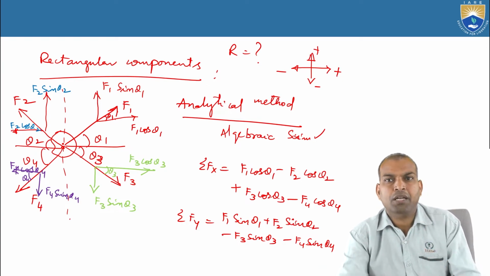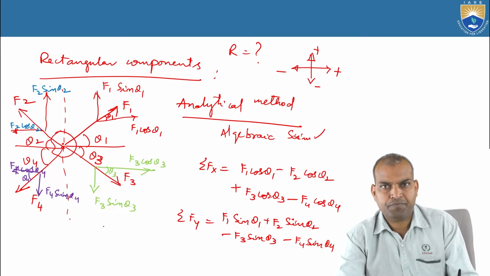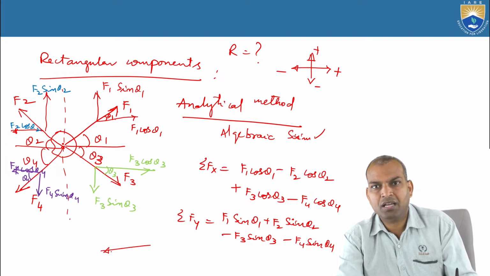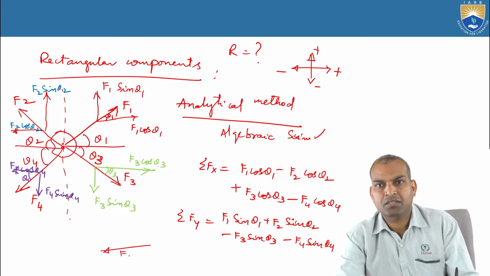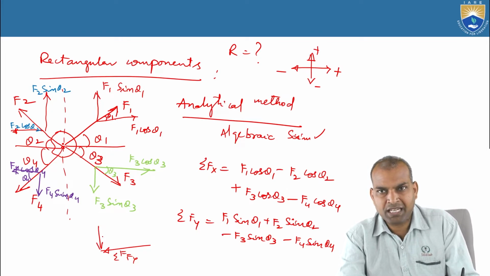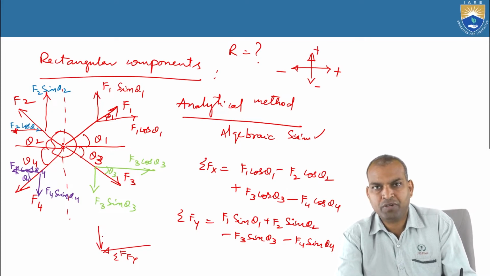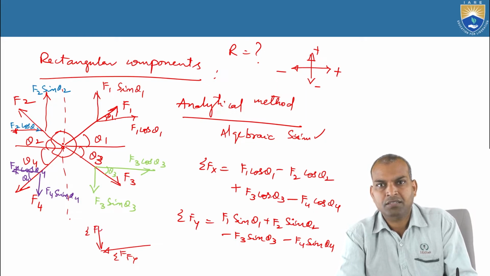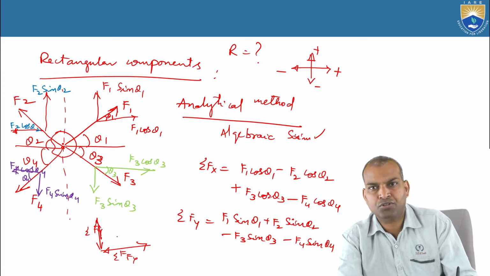Alright. Now, what is the resultant force? Here we have sigma Fx and sigma Fy. We don't know the direction completely; if it comes out positive we consider it so, but we are assuming sigma Fy upward or downward.